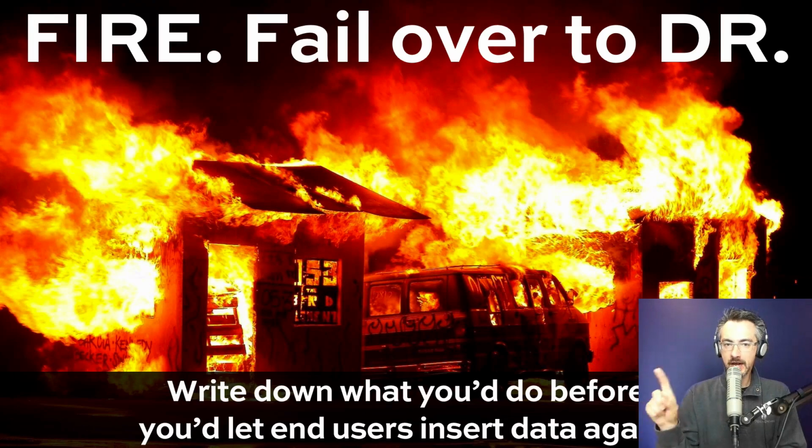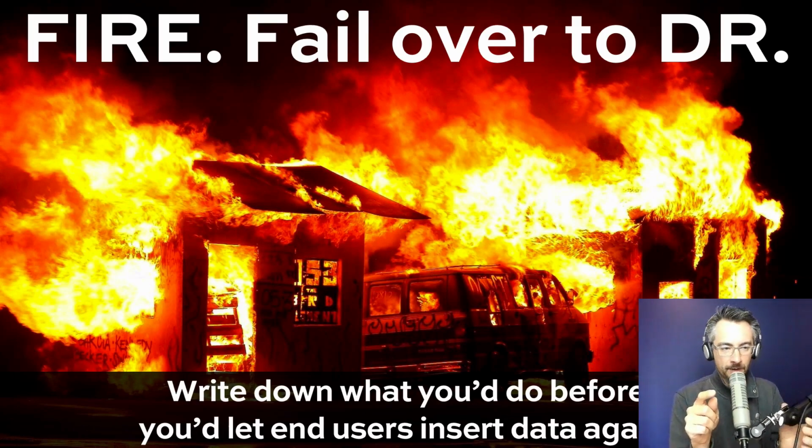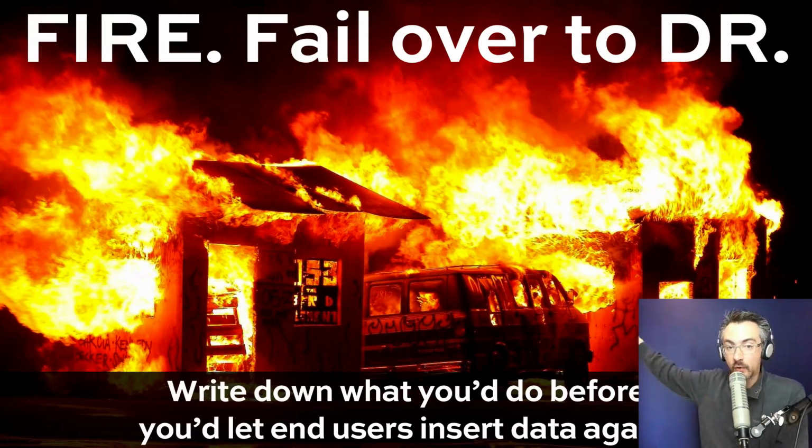You've already sketched out that you have an infrastructure in DR. The test is you have 60 seconds to write down what you would do before you let end users into that database. You've got an hour when you go to fail over. The catch is, what are you going to do in that hour before you tell people your database is good to go? I'll give you 60 seconds. Go.